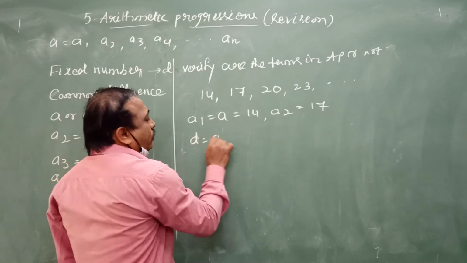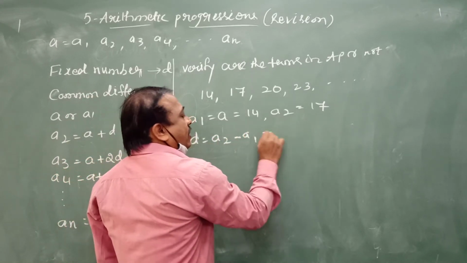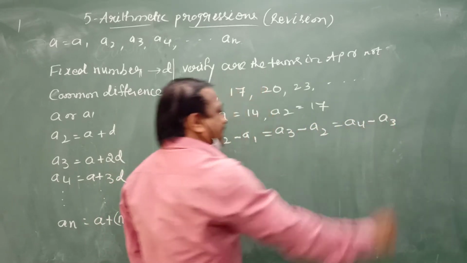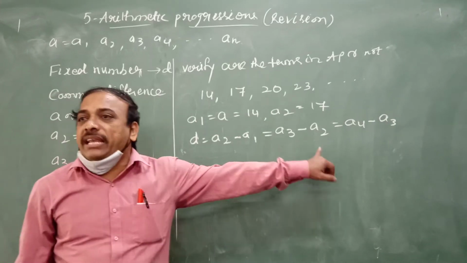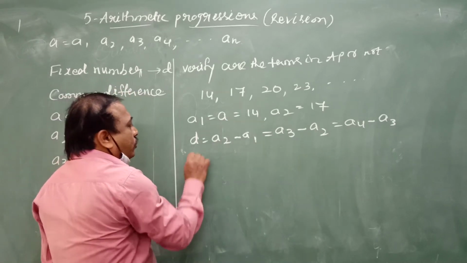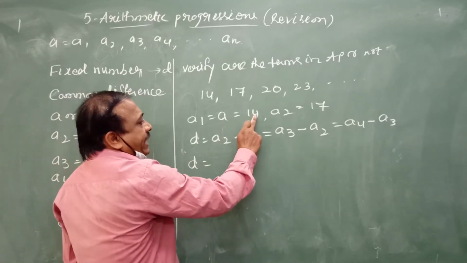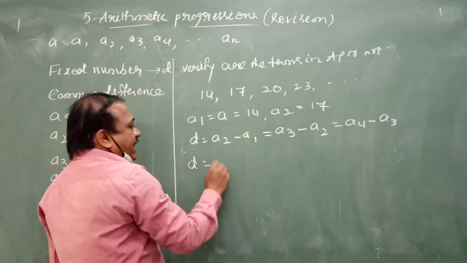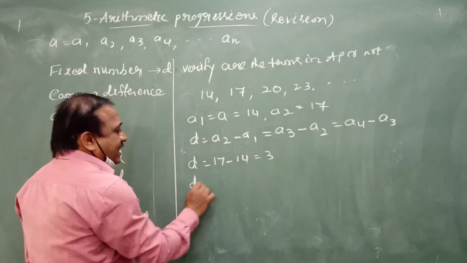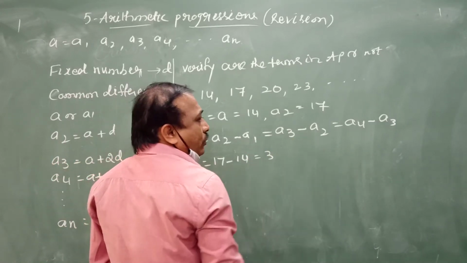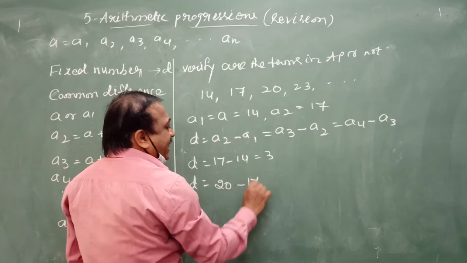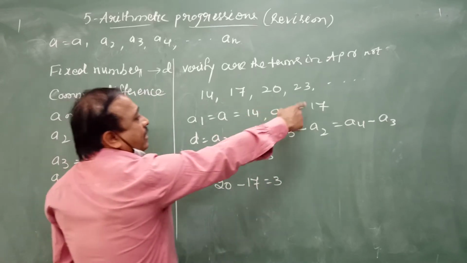So D is equal to A2 minus A1, which is equal to A3 minus A2, which is equal to A4 minus A3. If we get the same value in all the places, then we call it an arithmetic progression. A2 minus A1 is 17 minus 14, which is 3. A3 minus A2 is 20 minus 17, which is 3.